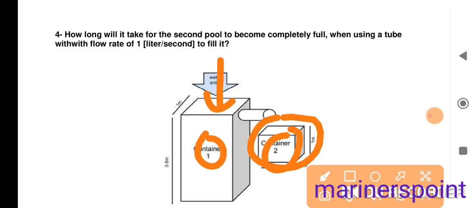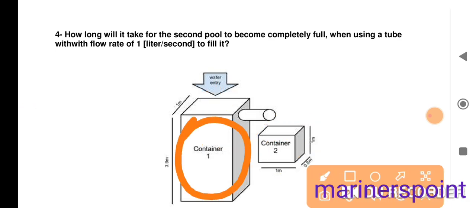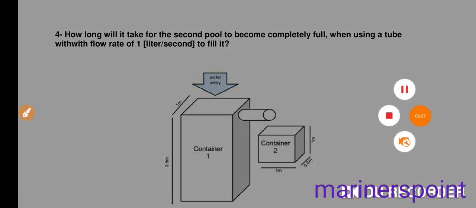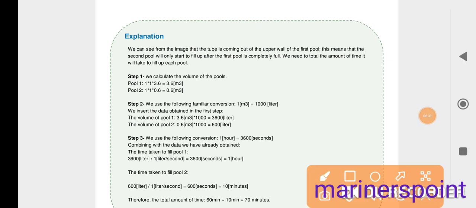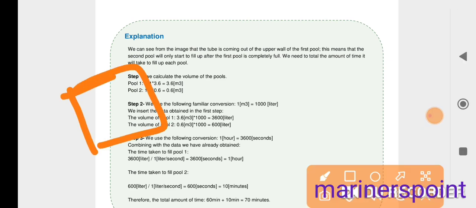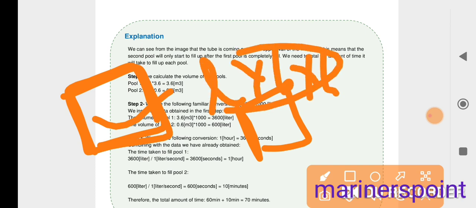But here water starts filling container 1 first, then after that container 2. So we have to calculate the total time. It means the time taken to fill container 1 and after that container 2. Here the explanation is given. So first we have to calculate the volume of container 1 and after that container 2. For container volume we can use L times W times H, okay.